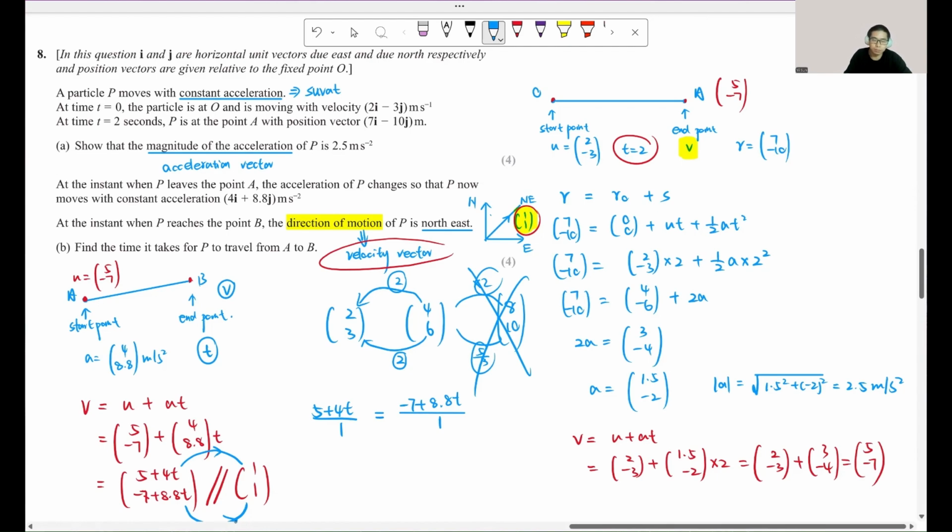Then we just have to solve them. Dividing by 1 stays the same, so we let 5 plus 4t equal -7 plus 8.8t. Plus 7 on both sides, minus 4t on both sides, we have 12 equal to 4.8t. So t is 12 divided by 4.8, which is 2.5 seconds. That would be the answer.